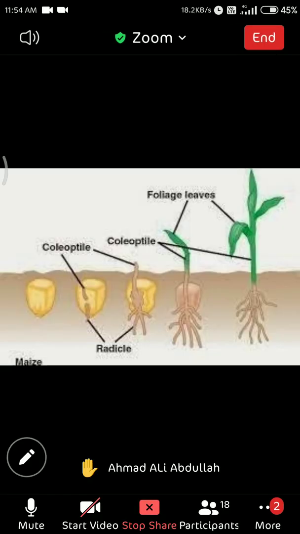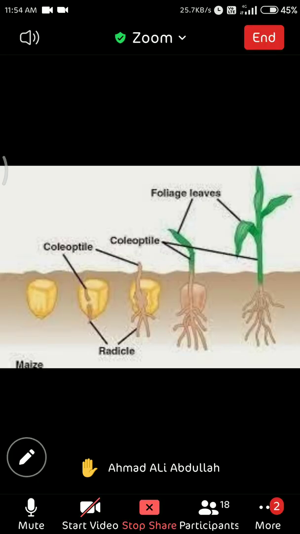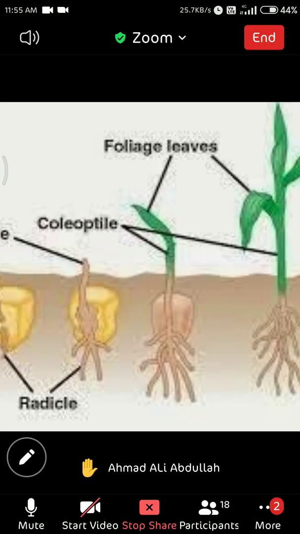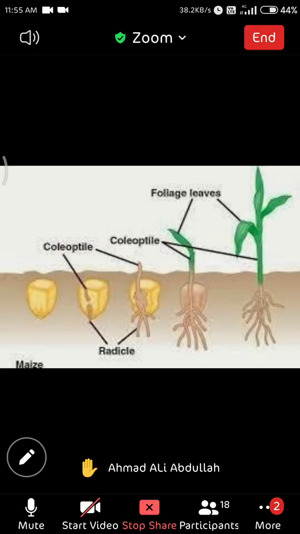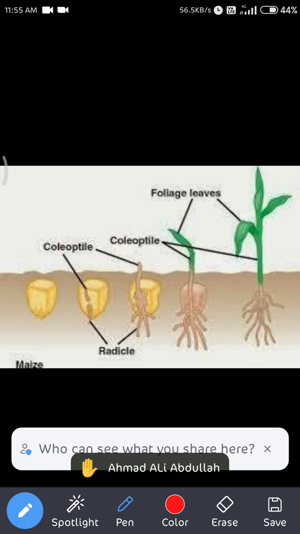Here you can see that only the shoot portion comes out, and the rest, the cotyledon, is left in the soil, and it will shrink and disappear there in the soil only.